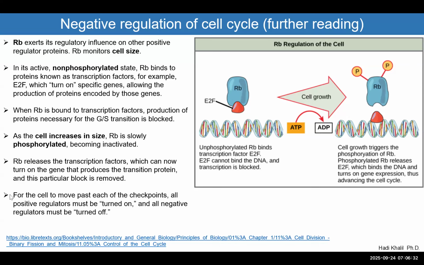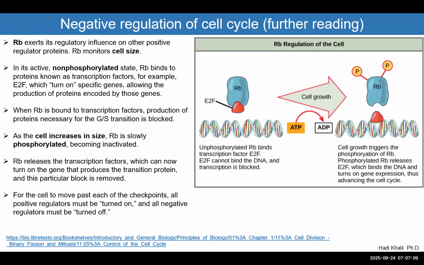And it's important for you to realize that we are just describing some of these checkpoints. There are others, and many others that we can't really cover here, but it's important to know that a cell must pass all the checkpoints where all the positive regulators should be turned on, like the cyclins, and all the negative regulators, which are two examples I gave you, the P53 and the retinoblastoma, should be turned off so that the cell cycle continues and takes place.